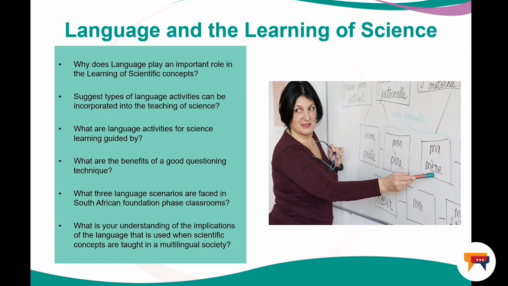And then you get a third scenario where learners are taught science in their home language, which is not English, in the Foundation phase, and taught science in English from the intermediate phase. These are all the scenarios affecting South African classrooms, and we need to think of diverse ways that we can help our students without leaving them out.